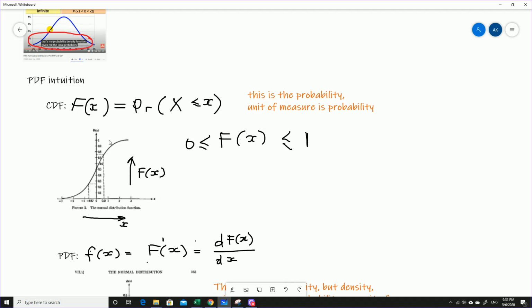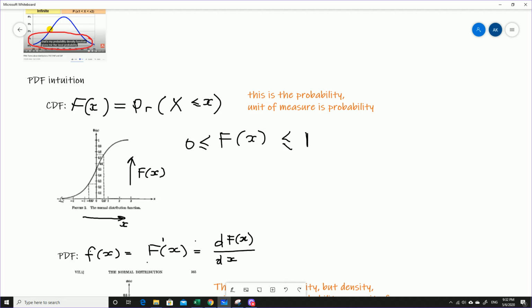So I'm asking what is CDF? The answer must be 0.5. And 0.5 is a probability. CDF's unit of measure is the probability. What's interesting about CDF also is that when you run the argument of the CDF function from minus infinity to plus infinity, your CDF runs from 0 to 1.